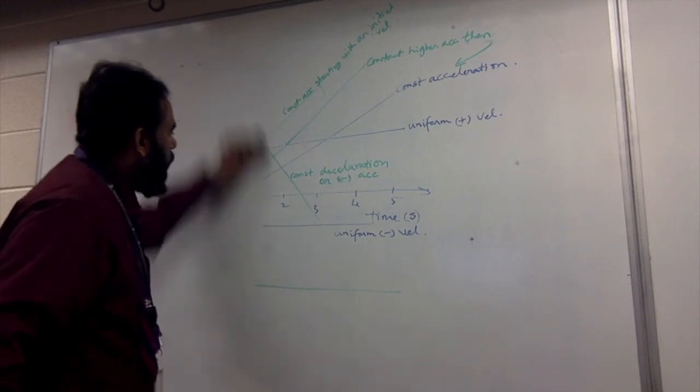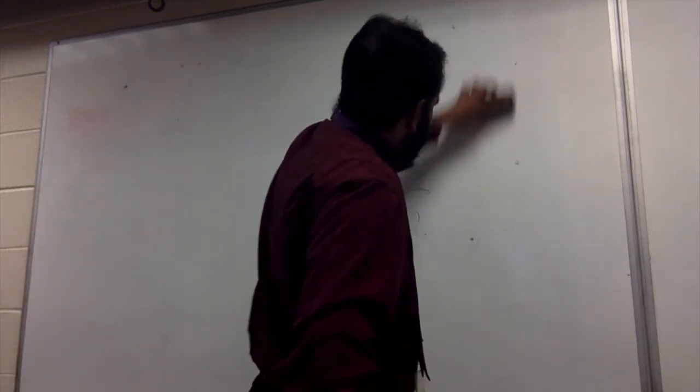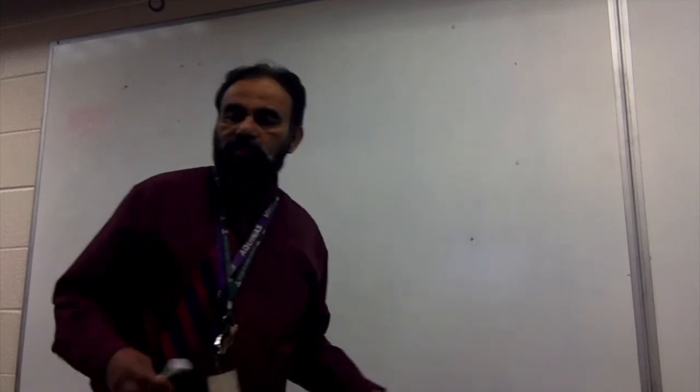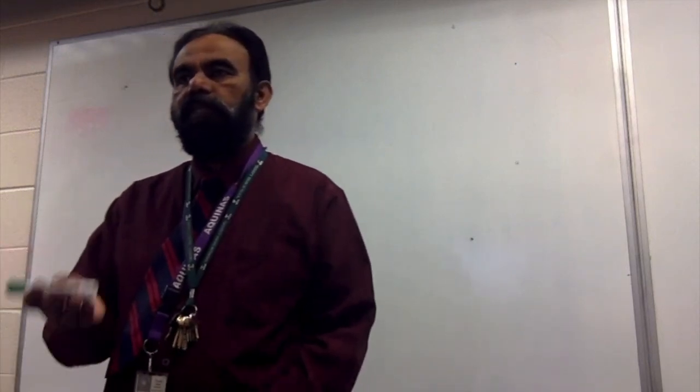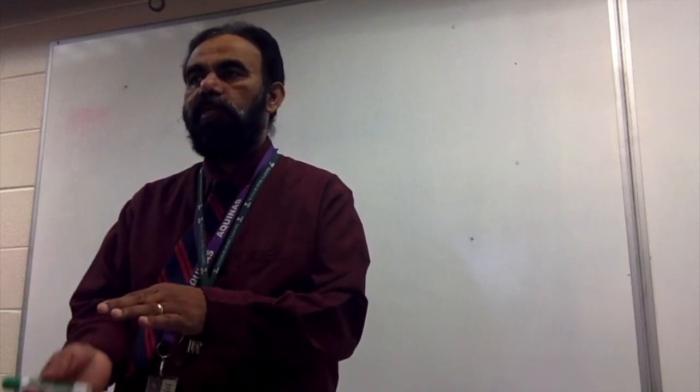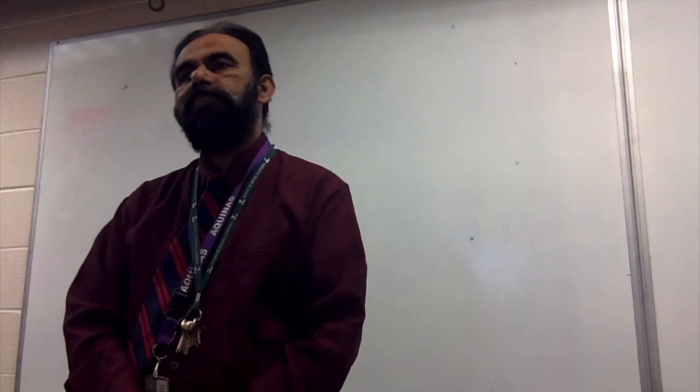Now I'll give you a question. If I take this marker and throw it upward, and it comes back to my hand, can you draw a velocity time graph for it?